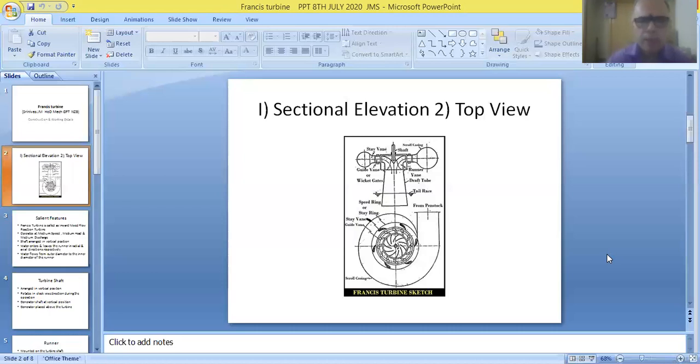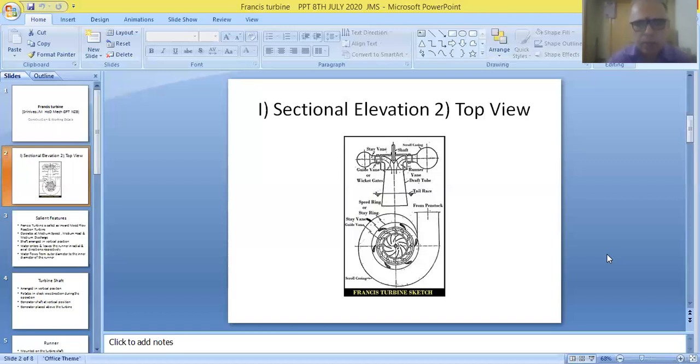It is very essential, not only for guiding water onto the blades of the runner, but also for controlling the quantity of water that is entering the runner. A governor is used for operating all the blades of the guide wheel.